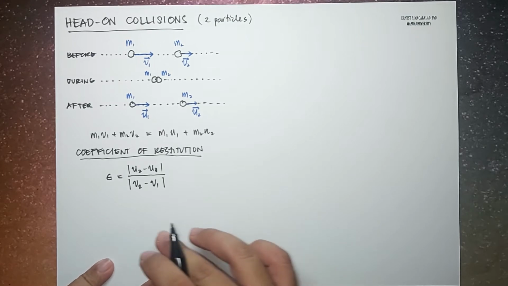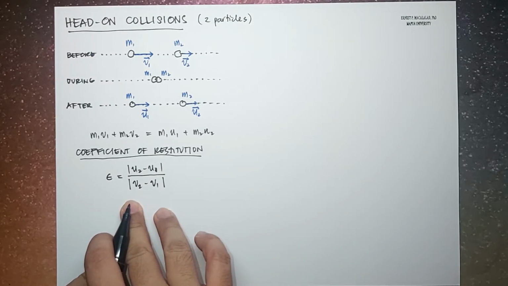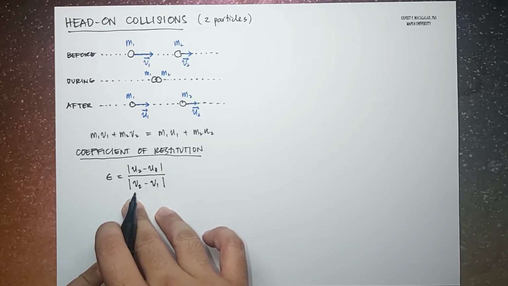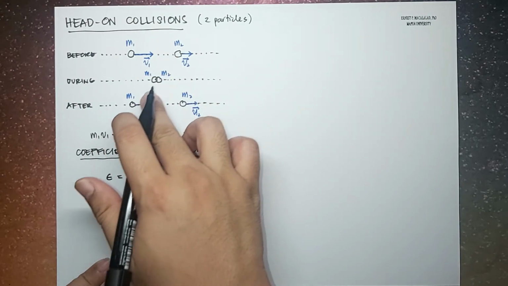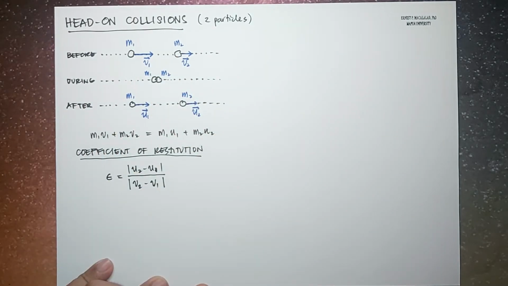The numerical value of the coefficient of restitution depends primarily on the composition of the two particles, especially the makeup of these two particles.